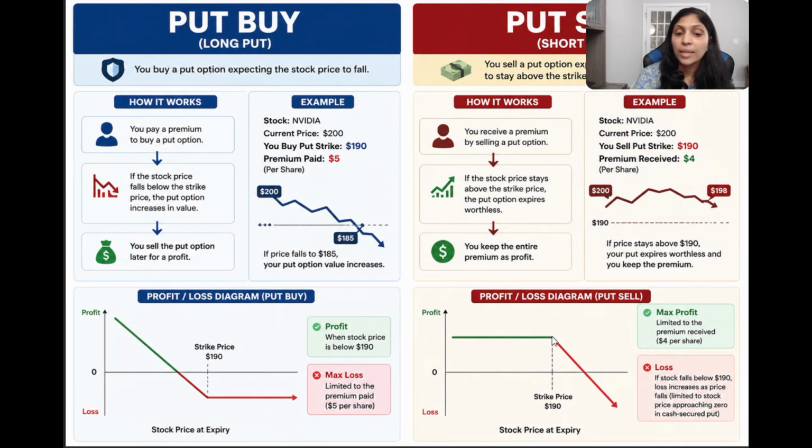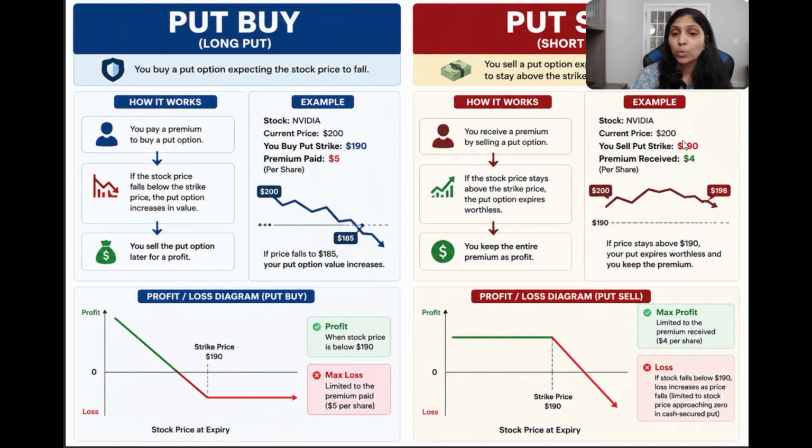But if it goes below 190, you have to buy 100 shares of NVIDIA at $190. Even if that day NVIDIA is at 150 or 120 or even 100, you still have to buy at the $190 strike price. That is where this gets tricky, with unlimited risk.